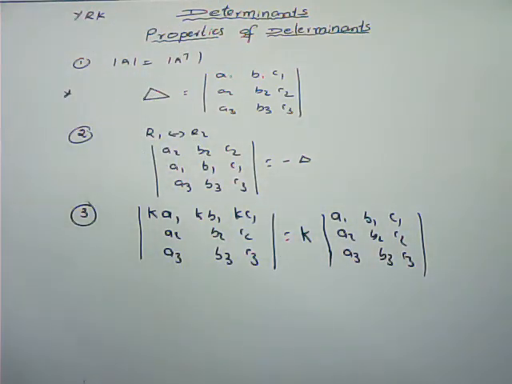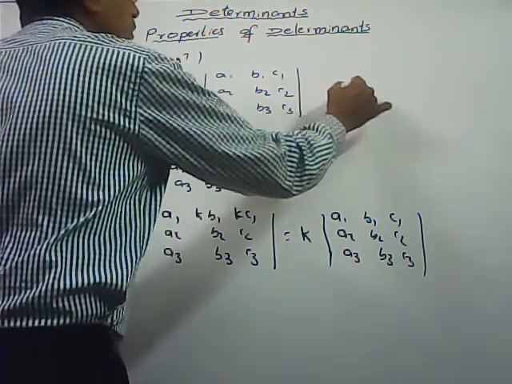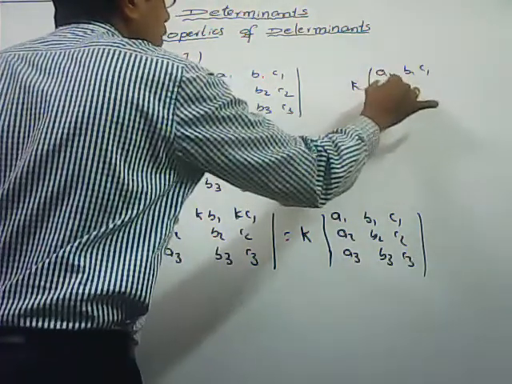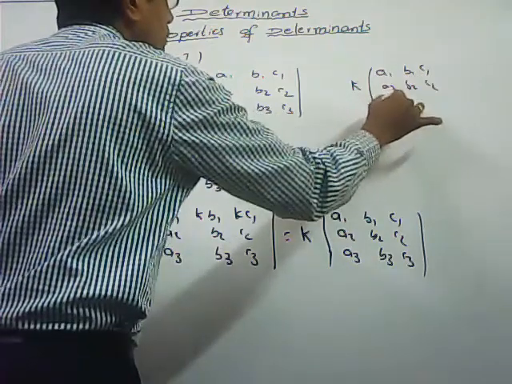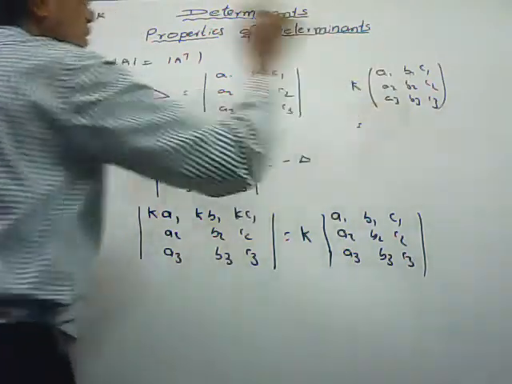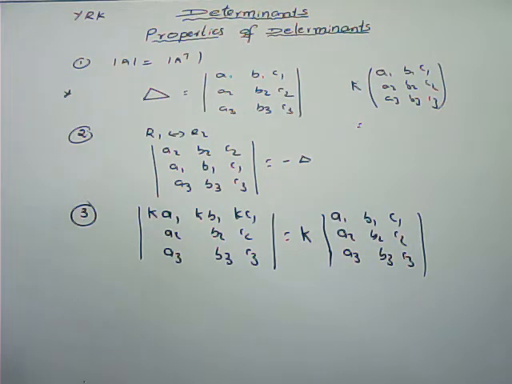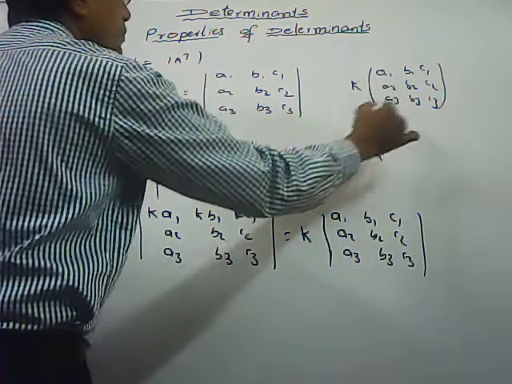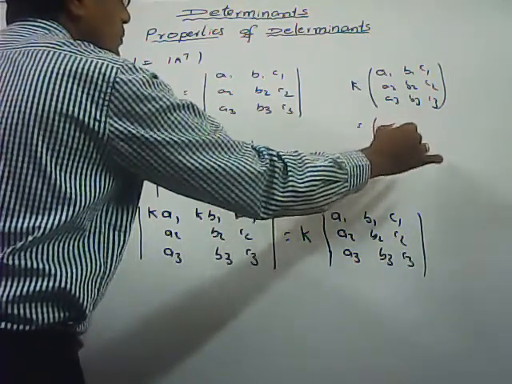Now, k times that one. In the scalar multiplication of a matrix, what is the difference between here and there? Scalar multiplication of a matrix, k into A. For example, I am taking the matrix a1, b1, c1, a2, b2, c2, a3, b3, c3. What is the meaning of this? Every element in that matrix should be multiplied by the scalar k. Here we can write ka1, kb1, kc1, ka2, kb2, kc2, ka3, kb3, kc3.